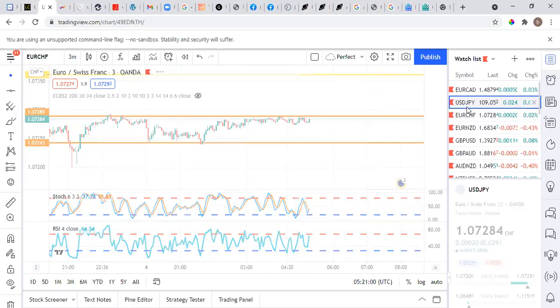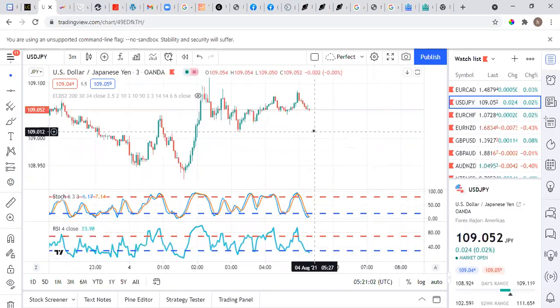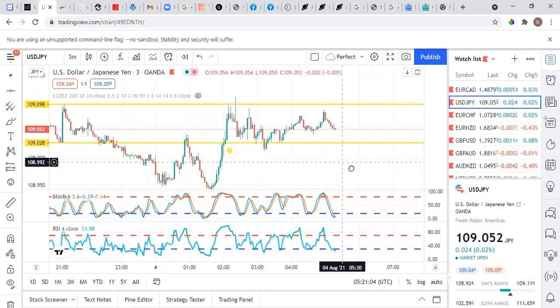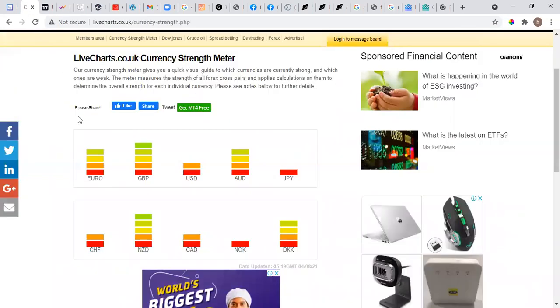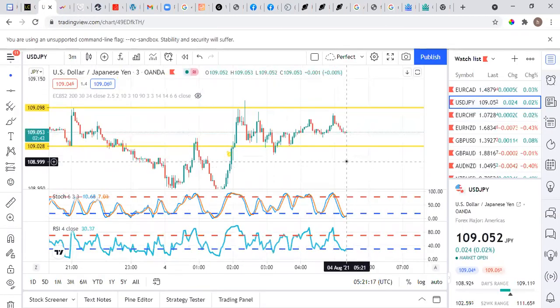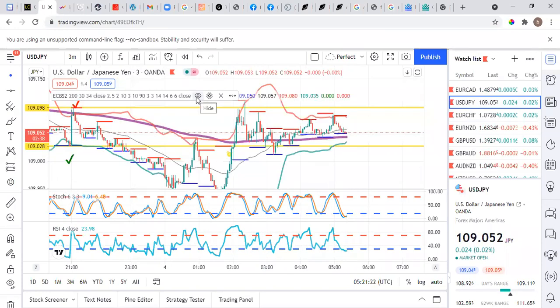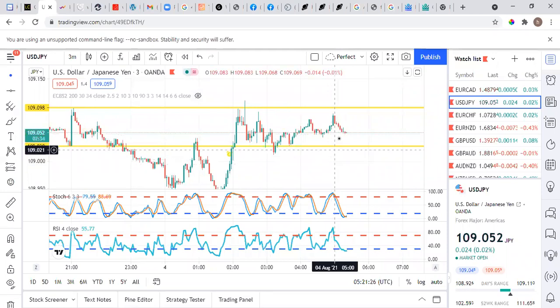For now, let me just do USD JPY. Which one is stronger? USD, though just a little bit. The thing changes 6 times, but on USD I can do a buy.